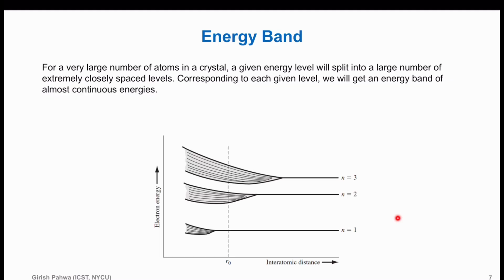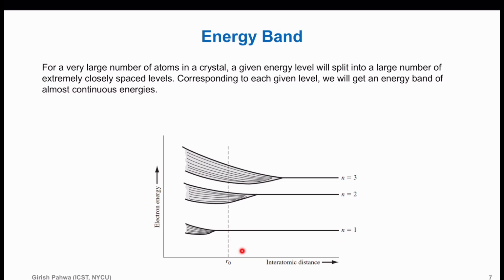So say I have several atoms, right, and this is the ground state energy. Now the ground state energy, we know that it does not split easily. It's much closer to the nucleus, right? So the electrons will not be talking to each other too much because each electron is very close to the nucleus. So that's why the splitting is not that much.